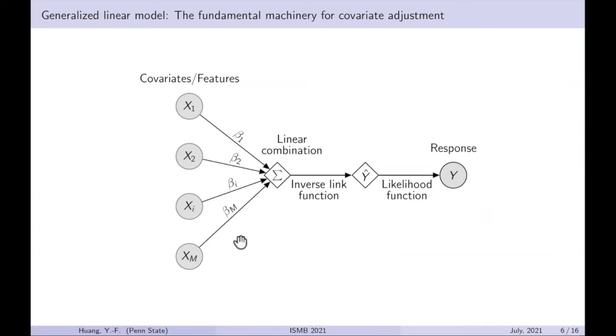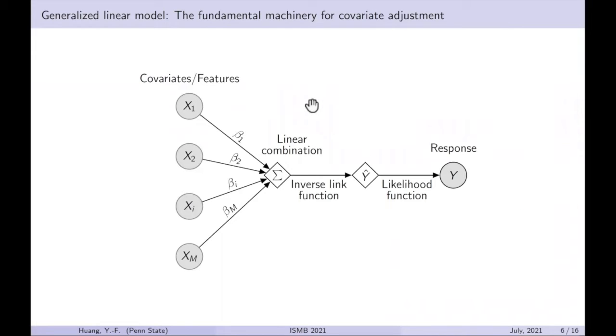And using the GRM, the goal is to infer a regression coefficient beta for each feature. If we can include all the relevant features in the same analysis, then beta actually indicates the direct effect of the feature. The reason is that if we include all the relevant features here, the estimation of beta actually controls for the effects of other features.